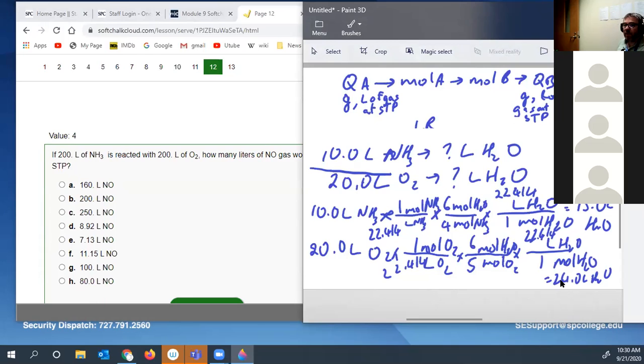Now, the thing with limiting reagents is that we know that the limiting reagent here is going to be the NH3, not because we've got less of it, but because it forms less water than what the O2 does. So we know that the maximum amount we could possibly get would be the 15.0 liters of water.